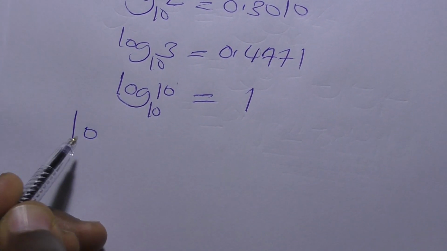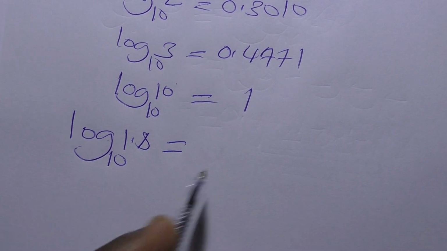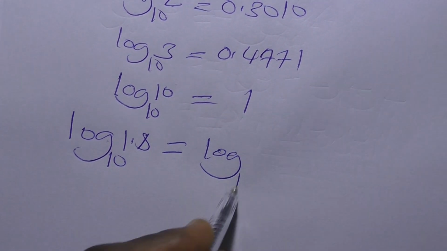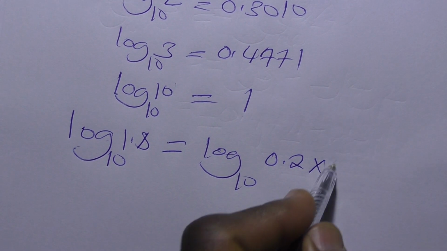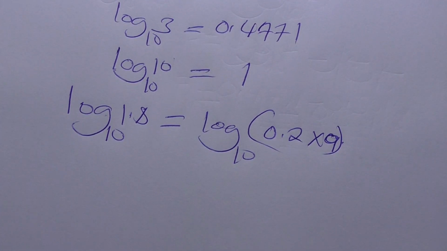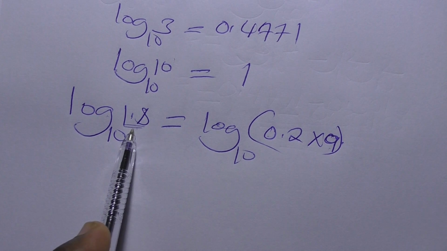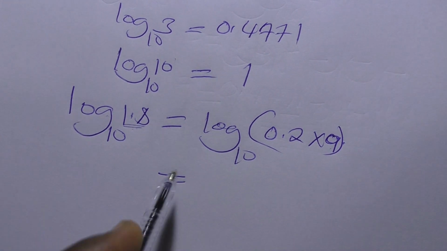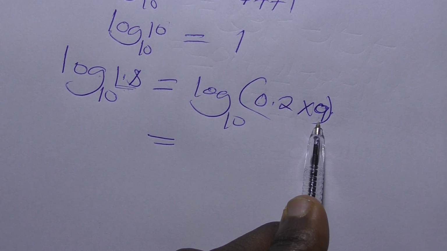Therefore, where we have log of 1.8, we replace it with log 10 of 0.2 times 9 to give us 1.8. And therefore, when do we multiply powers? We multiply powers when we are adding the logarithms.